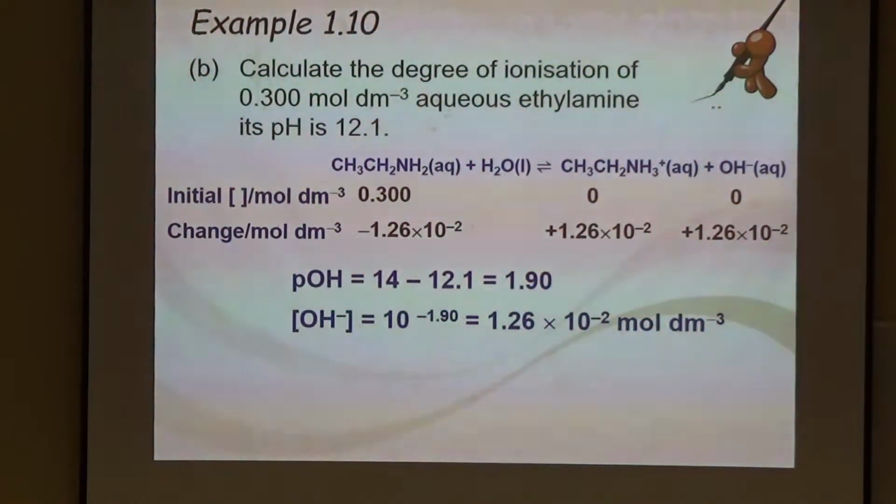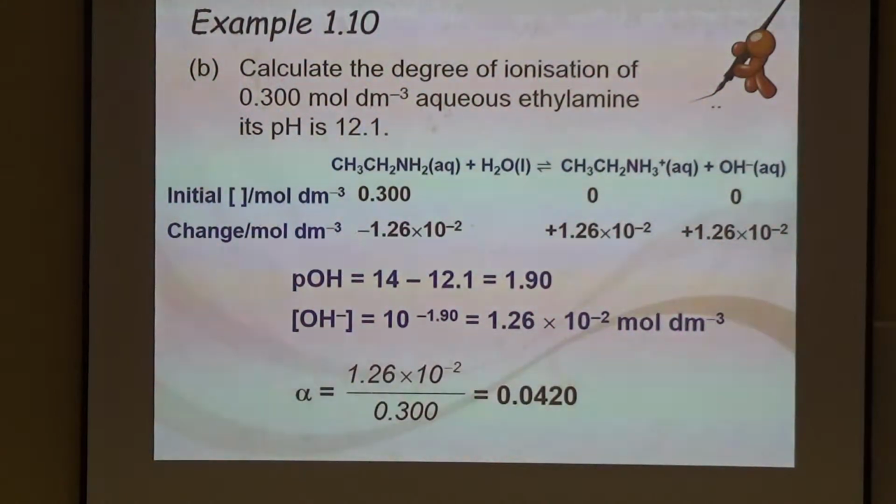So, if you remember alpha, which is the degree of ionization, it is the amount dissociated over the total. So it will be that value.